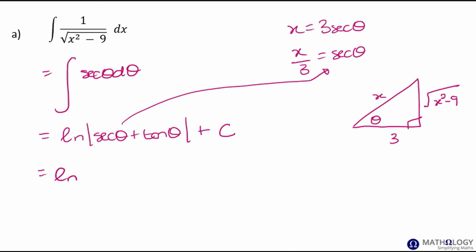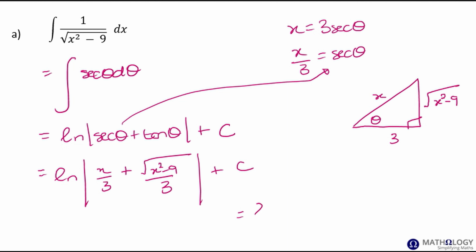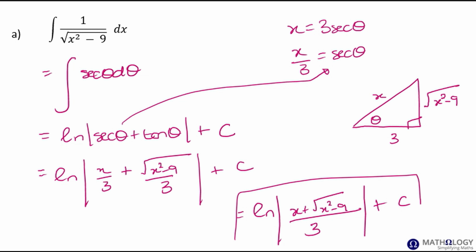So that equals ln of sec theta, which is x over 3, plus tan theta, which is opposite over adjacent, so it will be root x squared minus 9 over 3. We can just clean that up, get a single fraction here, so the denominator is 3, and we have ln of the absolute value of x plus root x squared minus 9, plus c, and this is the answer.